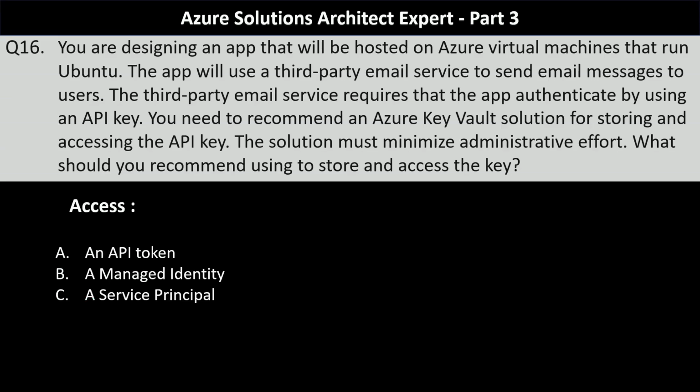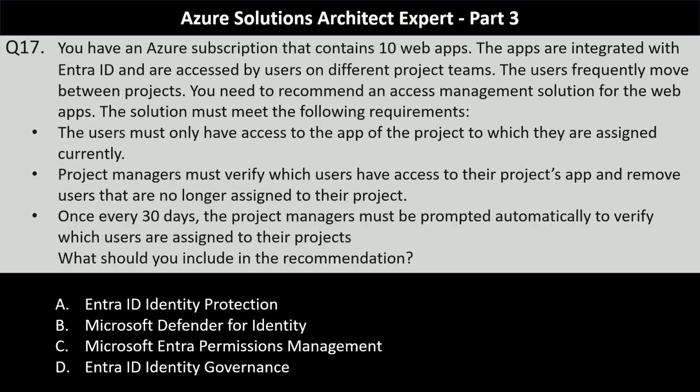Whether it needs to be an API token, a managed identity, or a service principal. And folks, you should use managed identity for the virtual machines. Managed identities allow your app running on the virtual machine to securely access Azure Key Vault without needing to manage credentials manually.